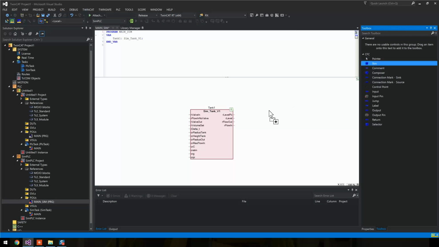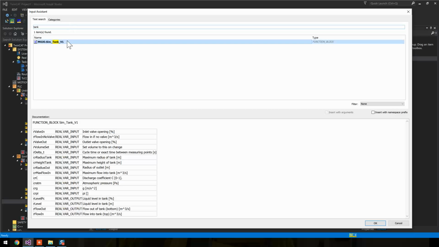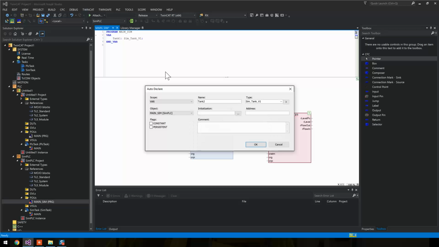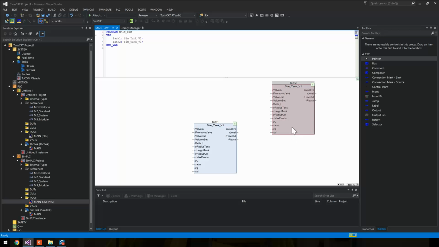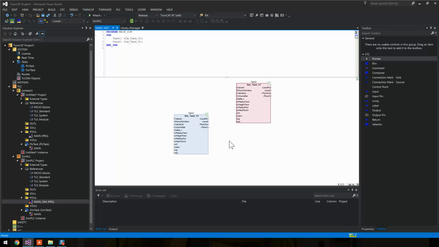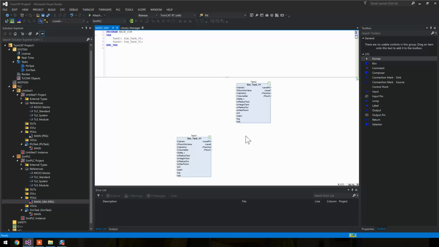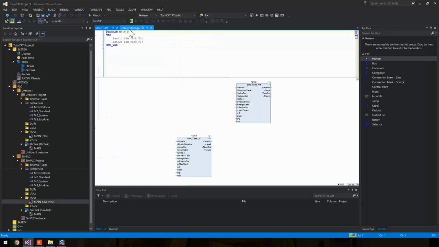And then we'll add tank number 2. So those are our 2 tanks. Let's see what else we got.